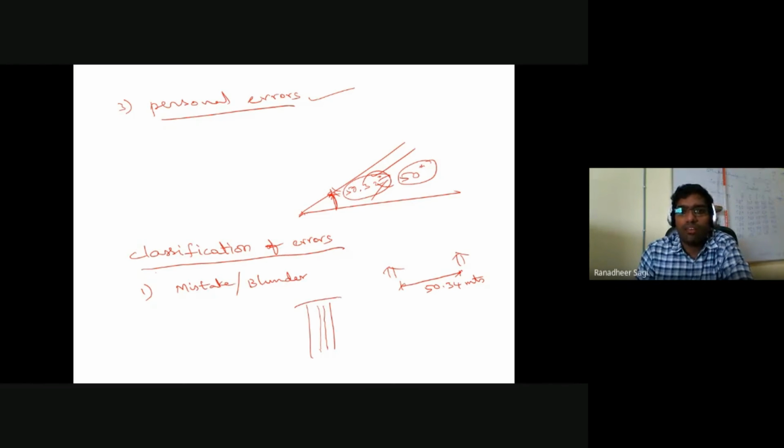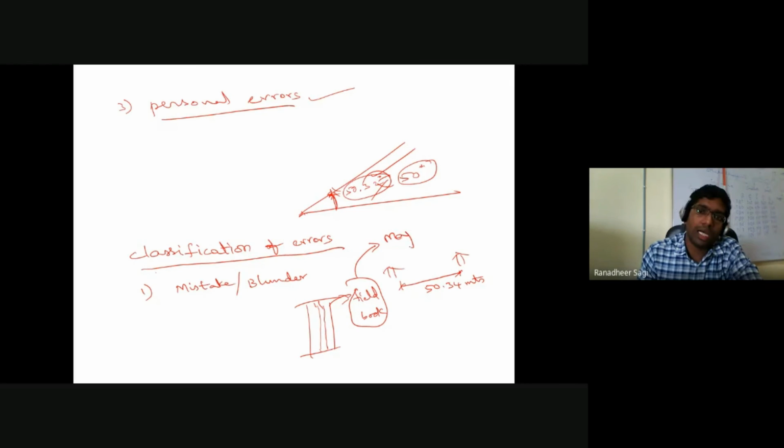We have a book like this, which we call a field book. As a surveyor, whatever readings and measurements we take from the field, all that information has to be first transferred onto the field book. And from the field book, we then transfer this information into the form of a map or plan.